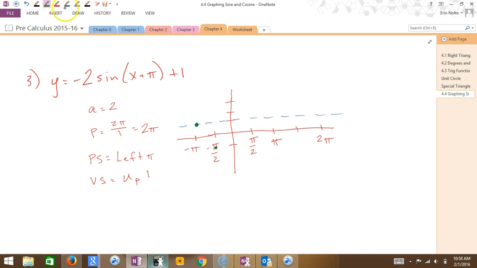Ooh, I should label my increments. 1, 2, 3. That was bad of me. Okay, so then where am I going to go from here? Back to my midline, right? 0, 1. Okay, then where from here? To 3, good, to a max.